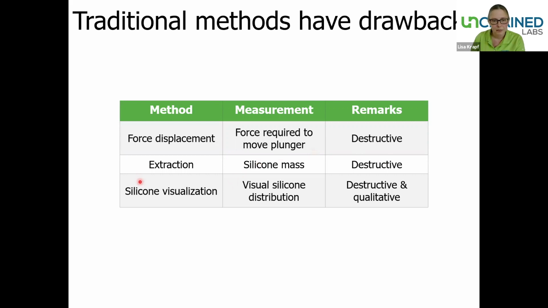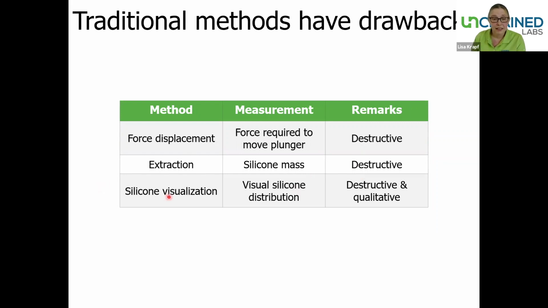Another common method to characterize siliconization in syringes is to extract the silicone and then weigh it, and in that way get a silicone mass that has been inside of the syringe. But in the same way as the force displacement measurement, this is a destructive measurement, and the sample is gone after that as well.